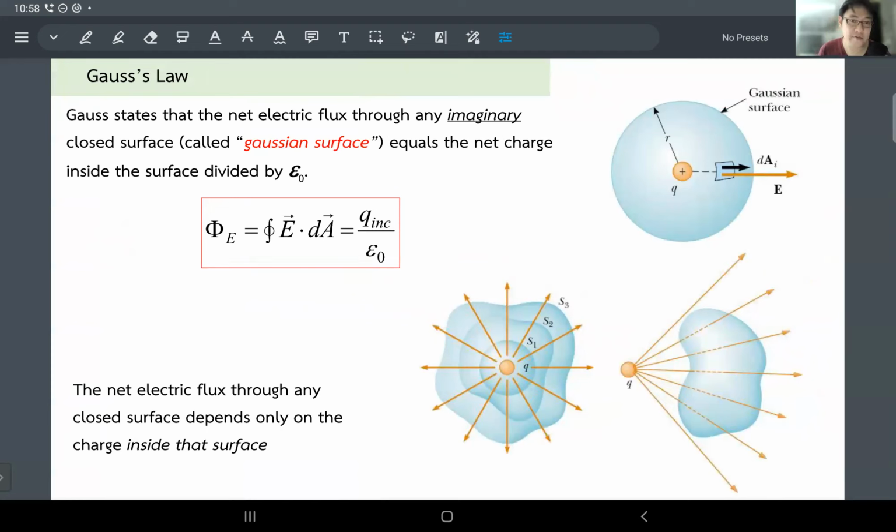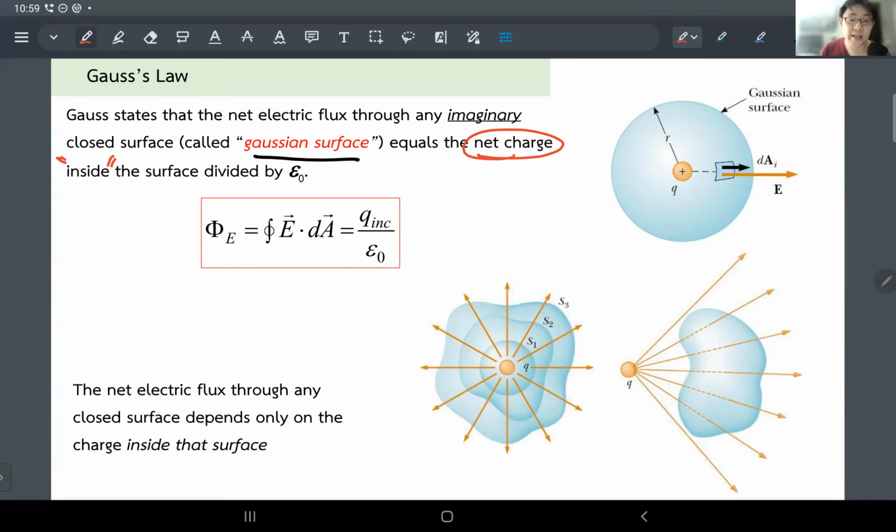Here we go. The concept is very simple, all right? You just have to use your imagination a little bit. Gauss states that the net flux through any imaginary closed surface, which we're going to eventually name the Gaussian surface to honor him, once you calculate the total amount of flux through those surfaces, will be equal to the net charge inside that surface.